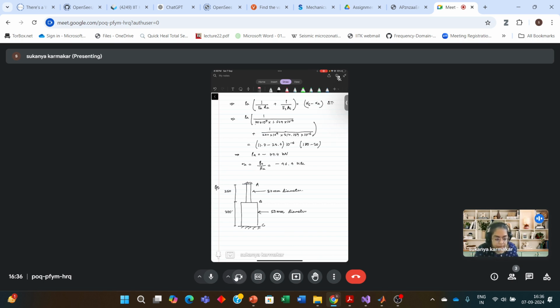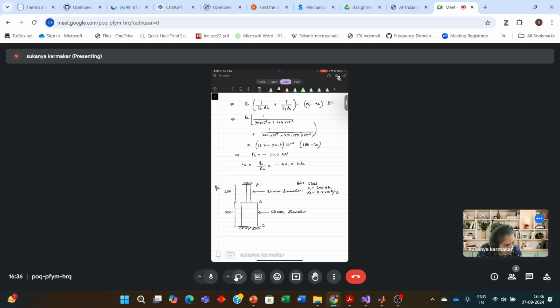So the question reads that a rod consisting of two cylindrical portions AB and BC is restrained at both ends. Portion AB is made up of steel, and Young's modulus is 200 GPa, and alpha S is equal to 11.7 into 10 to the power minus 6 per degree Celsius.